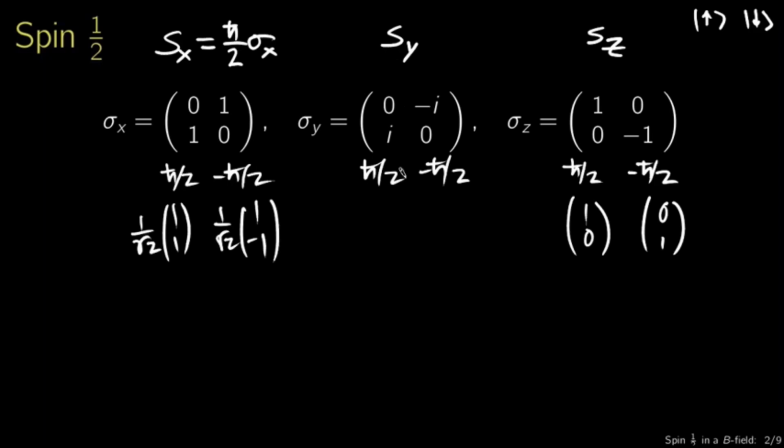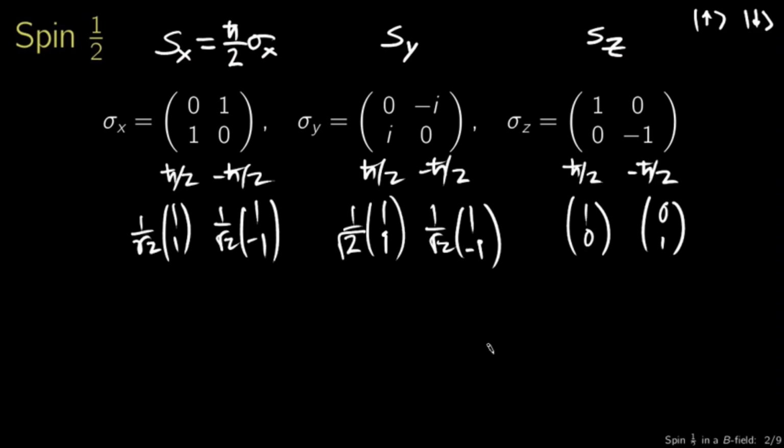For the y component of spin angular momentum, we get something that looks somewhat similar: 1 over root 2 times (1, i), and 1 over root 2 times (1, minus i). So we have (1, 1), (1, minus 1), (1, i), (1, minus i), and then (1, 0) and (0, 1).